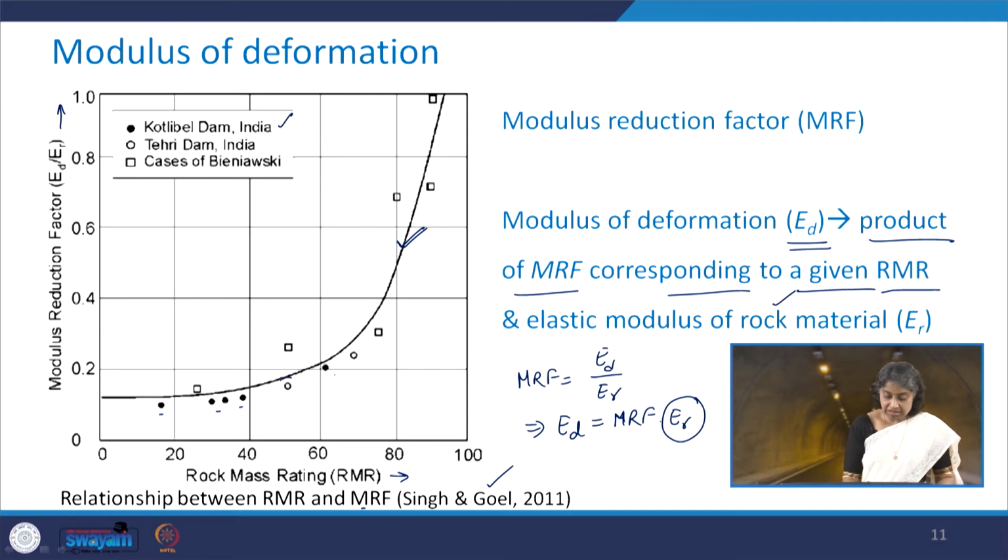Then the circular one is Tehri Dam, India, and the square ones represent the cases of Binyavsky. So, basically they tried to derive a relationship between the modulus reduction factor and RMR in general, and then suggested how we can determine the modulus of deformation using this RMR.